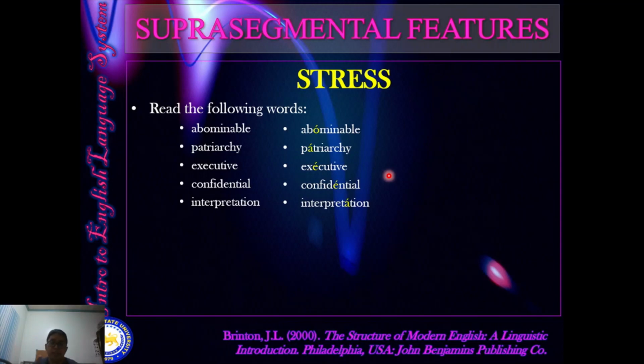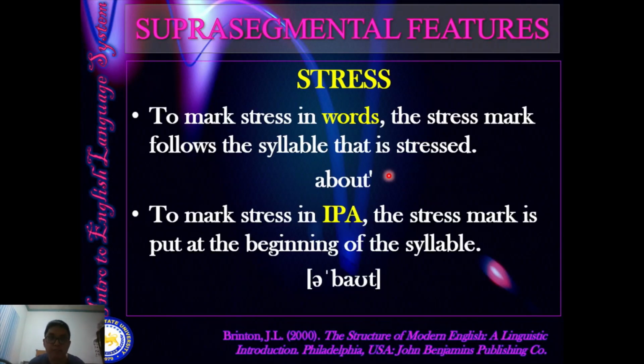No, that's executive. Confidential, right? I just made a usual mistake that we use on confidential, but actually that should be confidential. And interpretation, right? So that goes on the stress. One more time. Abominable, patriarchy, executive, confidential, interpretation. Okay? That's around it on stress.